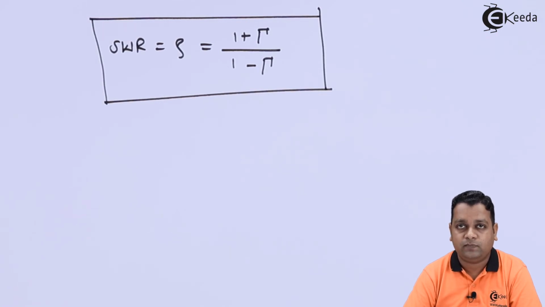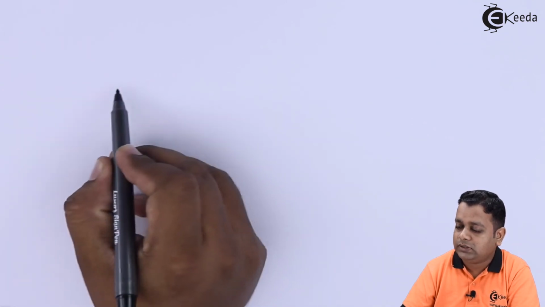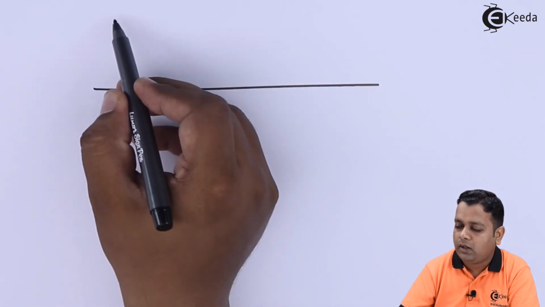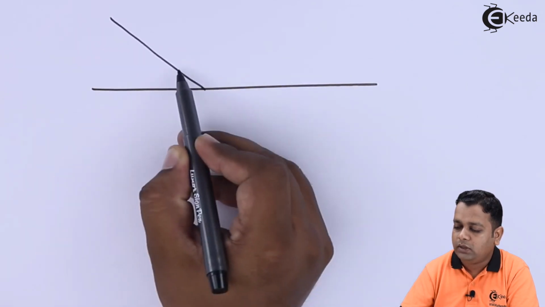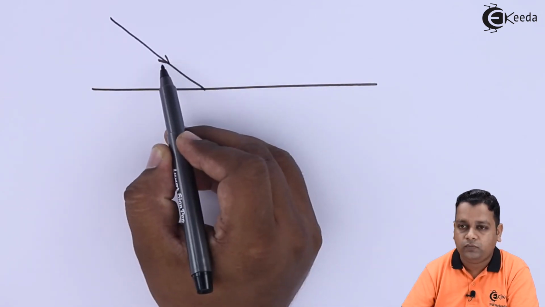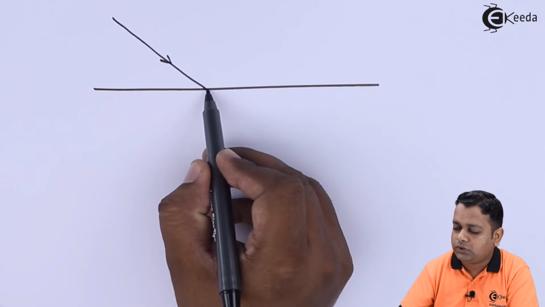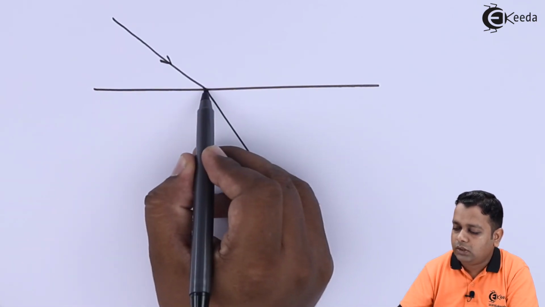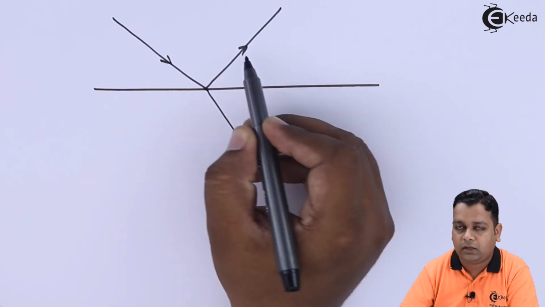normal incidence. Now for the reflection we talk about the second case, where the oblique incidence is to be considered. If this is the line that separates medium 1 from medium 2, and from medium 1 this is the incident wave, a portion will be transmitted here and a portion will be reflected back.